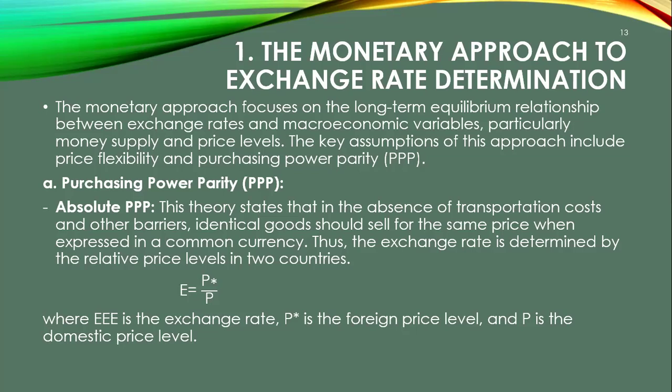Absolute purchasing power parity states that in the absence of transaction costs and other barriers, identical goods should sell for the same price when expressed in a common currency. Thus, the exchange rate is determined by the relative price levels in two countries.